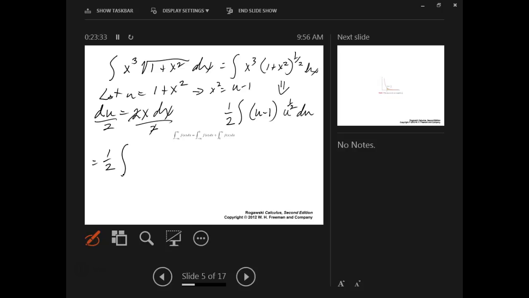But if your radical is a monomial, you can distribute. I don't know if I have them convinced or not. What would you say that is? u to the 3/2 minus u to the 1/2 du. And now can we integrate that?